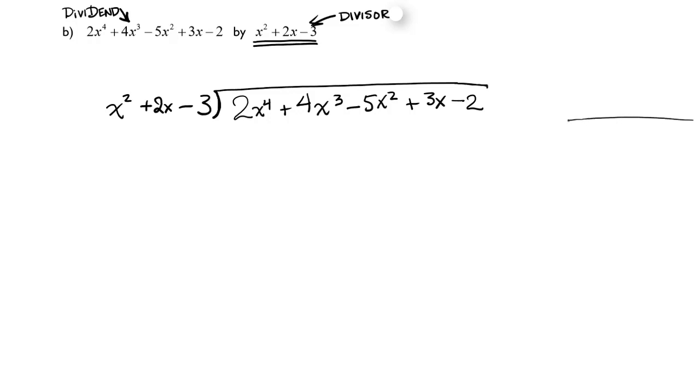I still need my scratch work off to the side. And the process is exactly the same, just a little more tedious. I take the first term of my dividend, 2x to the 4th, divide it by the first term of my divisor, x to the 2nd. That gives me a 2x to the 2nd to put in the quotient.